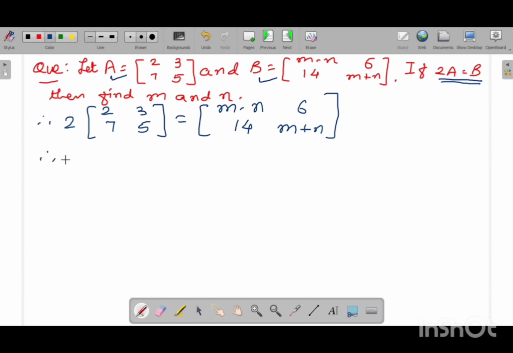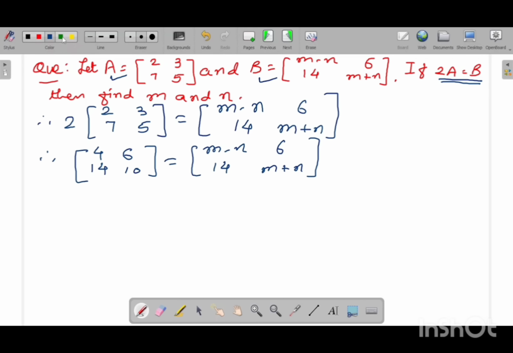So 2 will be multiplied with the matrix. We will have [4 6; 14 10] equal to [m-n 6; 14 m+n].